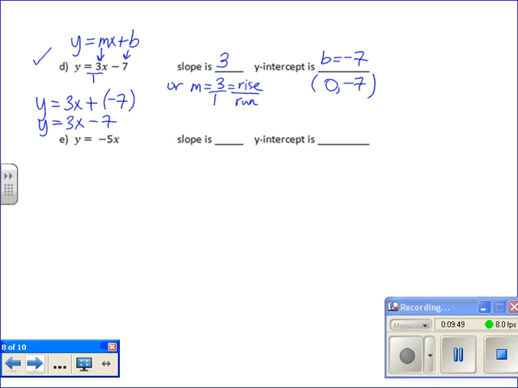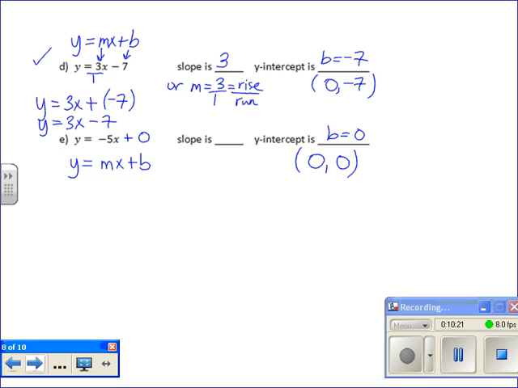And finally, if you have an equation like this one, E, don't be alarmed if you don't see any constant at the end, if you don't see a value for b. Think of it: y is equal to mx plus b. If there's nothing there, that must mean that b is 0. In other words, this line crosses the y-axis at the point 0, 0, at the origin.